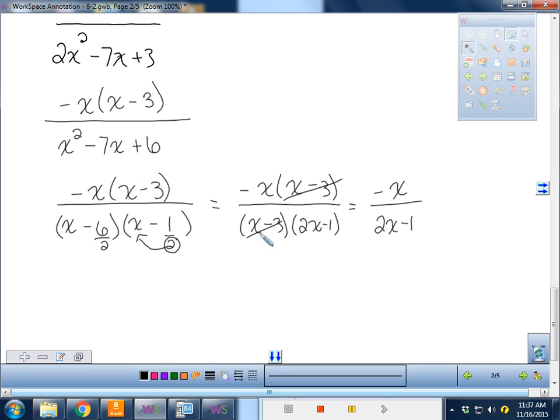And you have to think about what x cannot be. Well, I would have to set the x minus 3 equal to 0, and the 2x minus 1 equal to 0. So x cannot be 3. And I would have to add 1 and then divide by 2. So x cannot be 1/2.